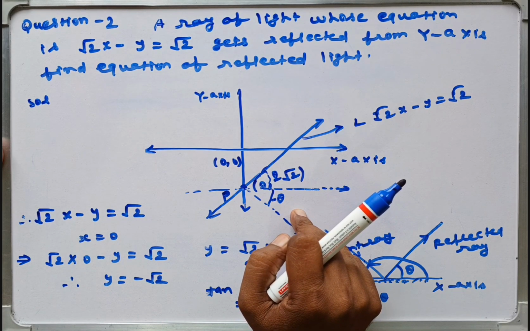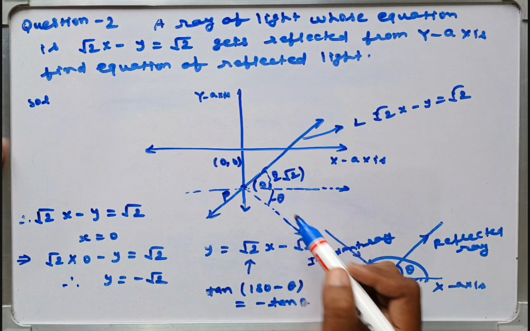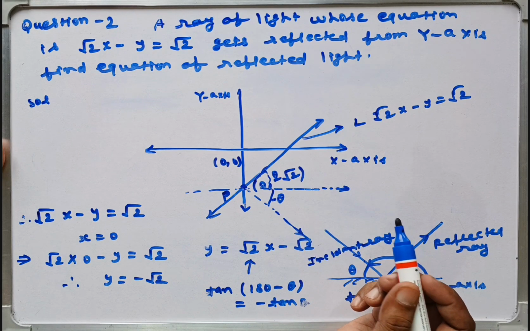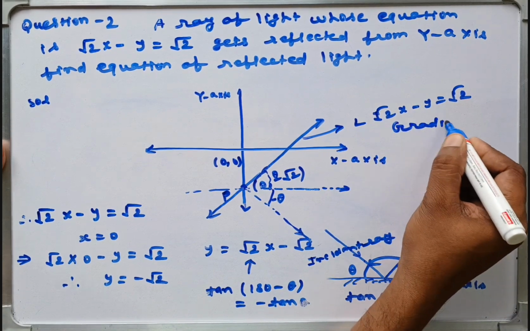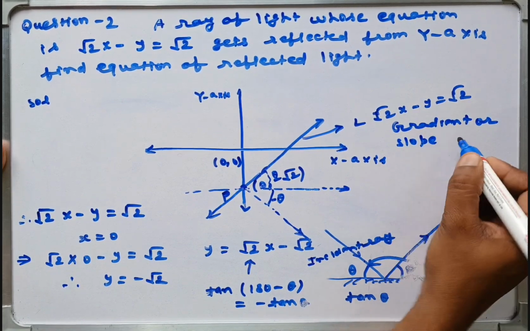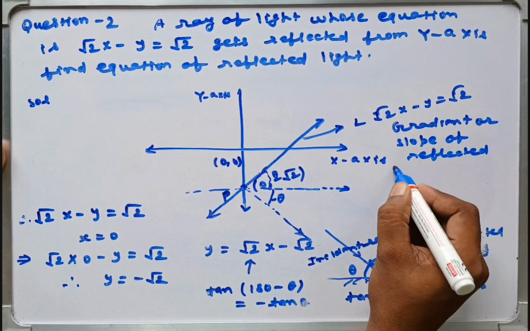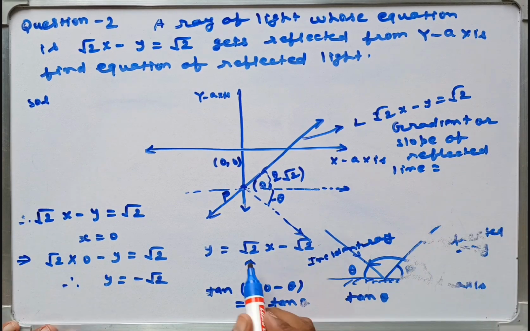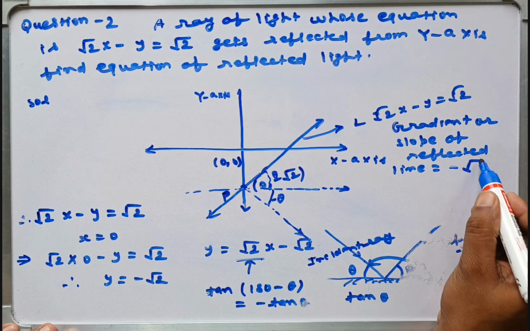So you can say the gradient or slope of the reflected line equals what, guys? Here this is root 2, then it must be minus root 2.